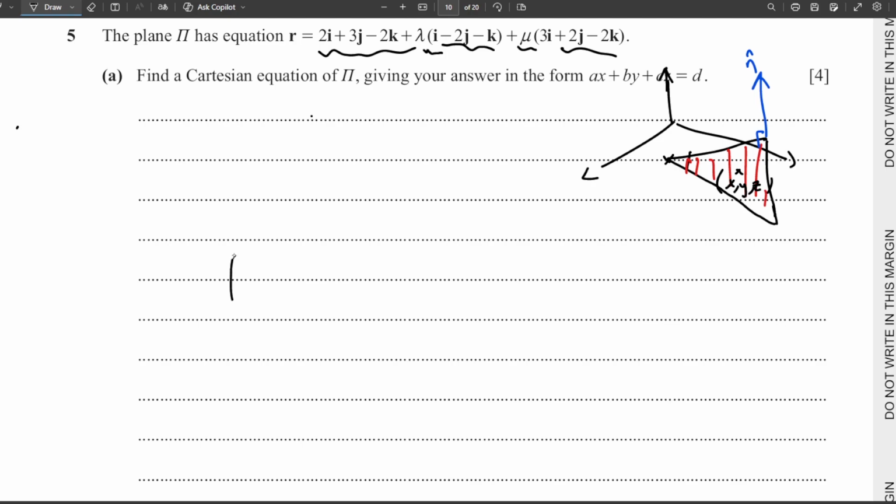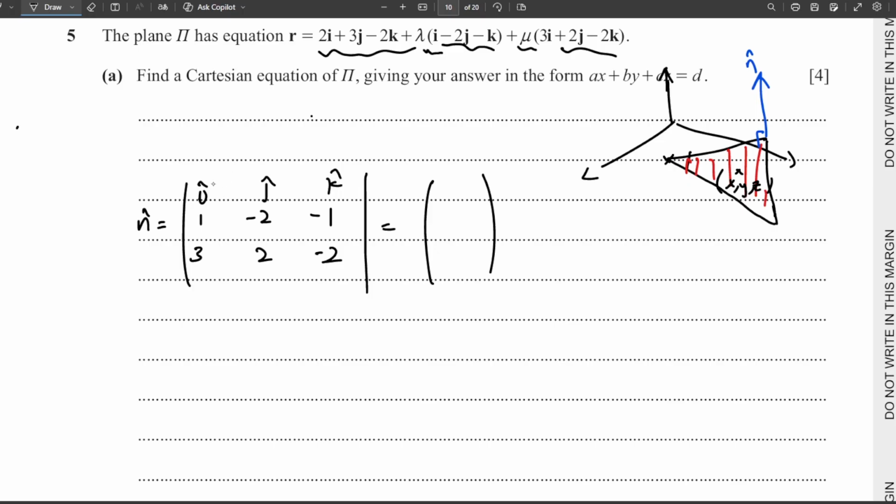I'll write the normal vector here, n hat. We do the cross i, j, k, on the first one, 1, -2, -1, then cross the second one, 3, 2, -2.